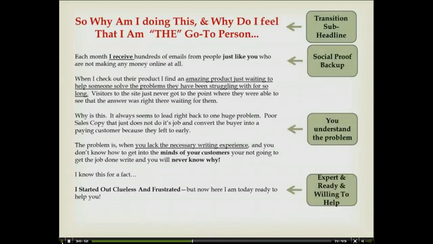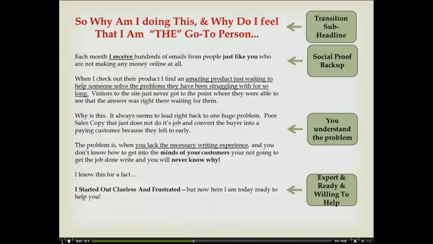All right, we're going to transition into the sub-headline. So why am I doing this, and why do I feel that I am the go-to person? Now we're going to back it up with some social proof, and I want to show you where the social proof is in here. It says, "Each month I receive hundreds of emails from people just like you who are not making any money online at all." When we're reading that, we don't stop and think, how do I know you receive hundreds of emails from everybody? We just take it for granted.